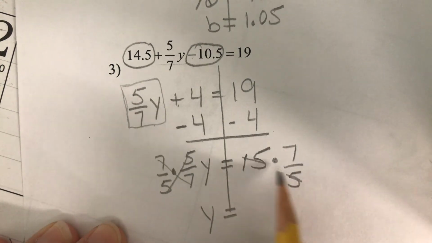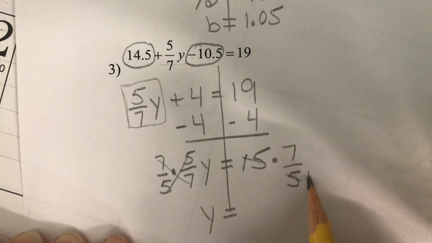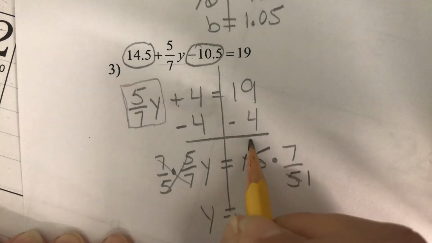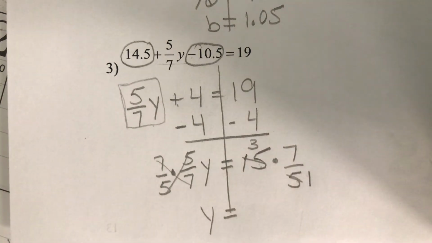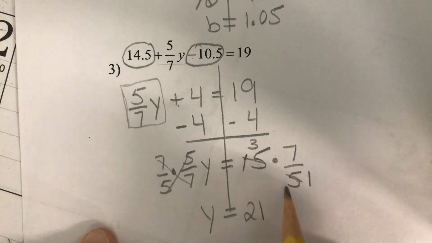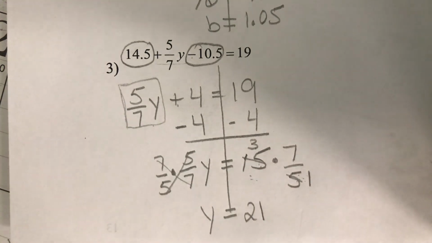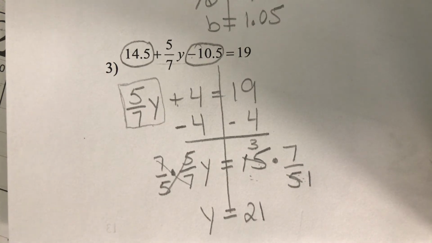So 5 and 15 have that common factor of 5. 5 goes into itself once. 5 goes into 15 3 times. So 3 times 7 is 21, and I have no denominators left, or I have a 1 times 1. So y is equal to 21.